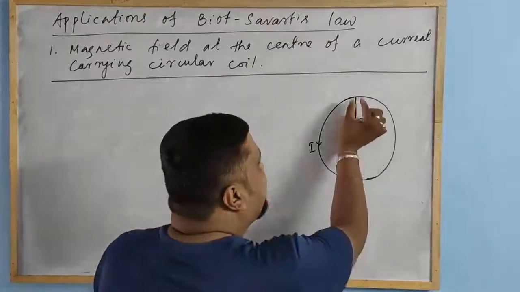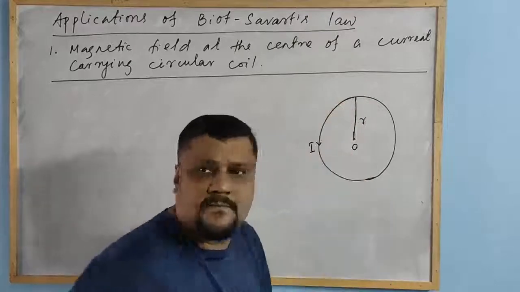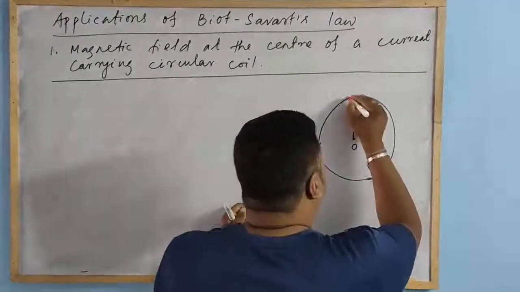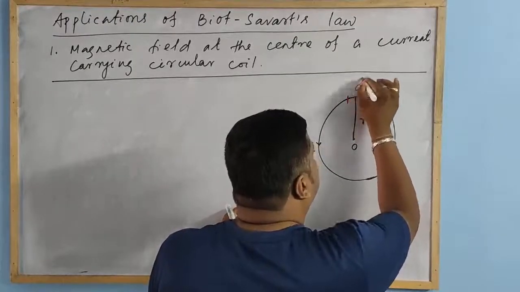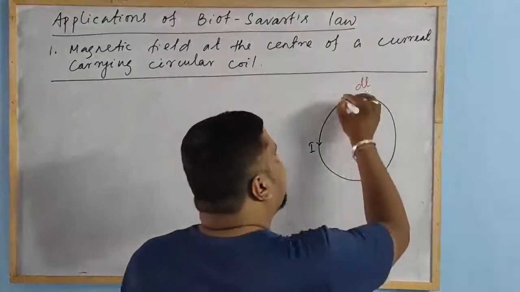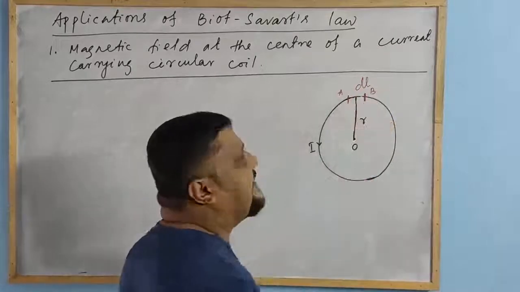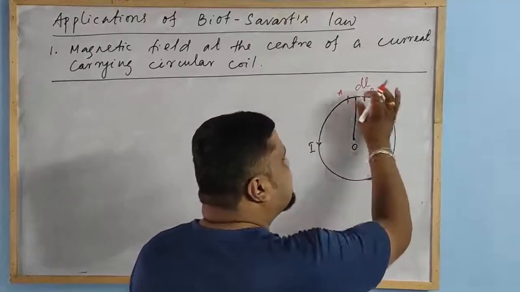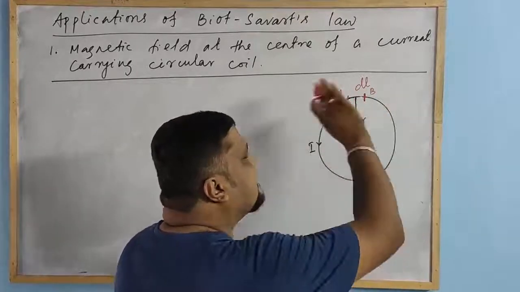If you consider a small element here, that is dl. Let us consider a small element dl at this point A; this element is A to B, element dl. And this coil consists of such small elements. If you combine such elements, it will give you this loop.